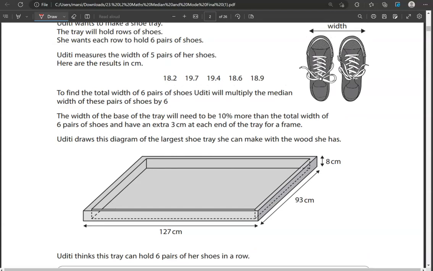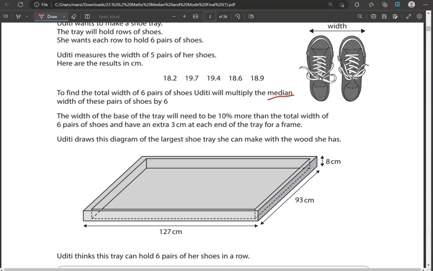Okay, so first we'll need to find the average width of a pair of shoes, and we're going to use here the median of these numbers that we're given because that's what we're told. So to work out the median of numbers, we need to put them in order, and you can start from the smallest or you can start with the largest, whichever you prefer.